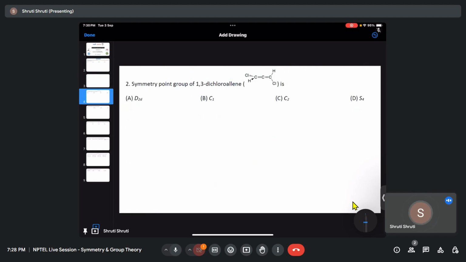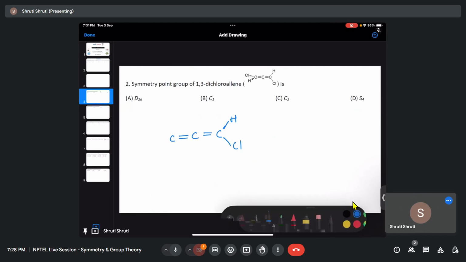Next, the symmetry point group of 1,3-dichloroallene.